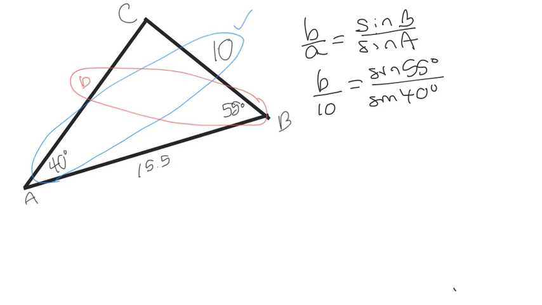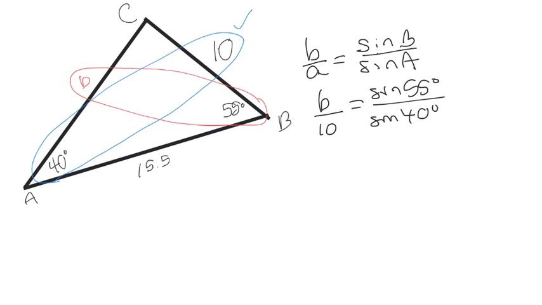Okay, and so in my calculator I got 1.2744. I want to write enough places so that hopefully I don't have too much of a rounding error in my answer.